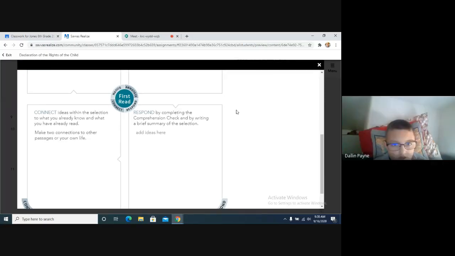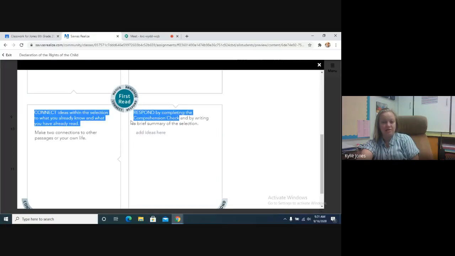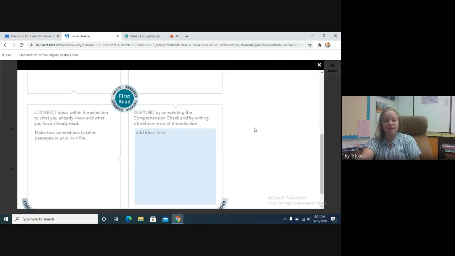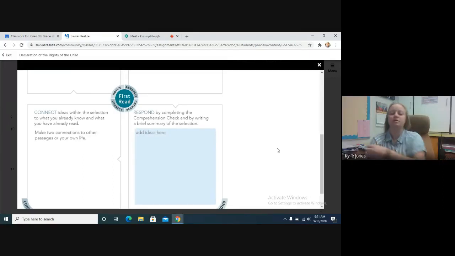What does the fourth one mean? The fourth one, respond, says to respond by completing the comprehension check and by writing a brief summary of the selection. So we are going to do the comprehension check. That's another section that we're going to complete. And then it says to write a brief summary of the selection. So we can basically say the Declaration of the Rights of the Child told us about.